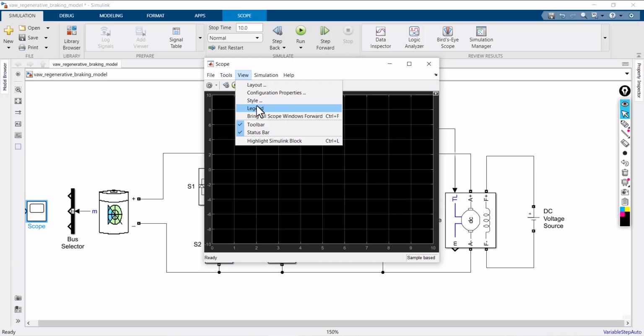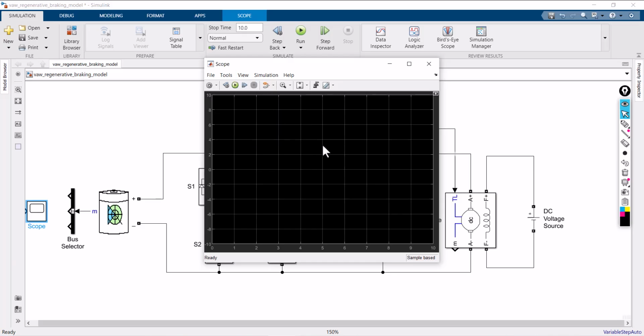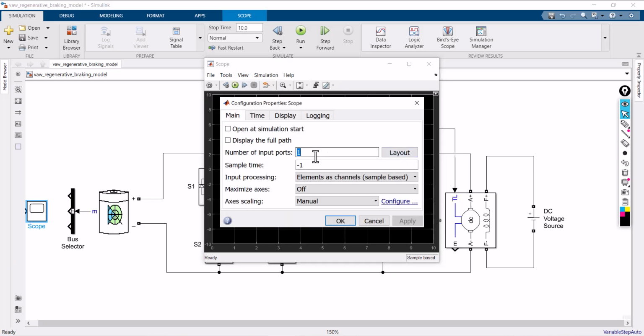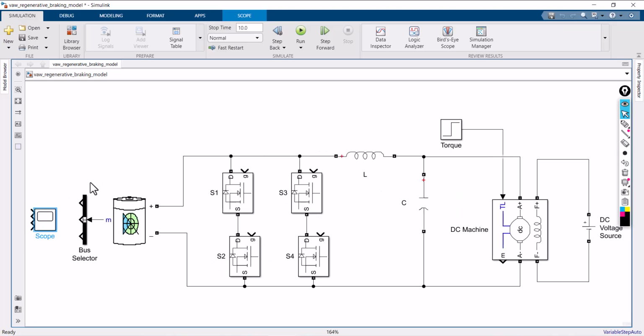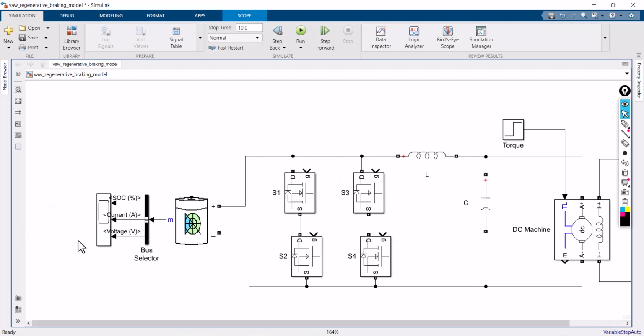Go to view, change the configuration parameters, that is, number of input ports as 3. First one is state of charge, second one is current, third one is voltage.